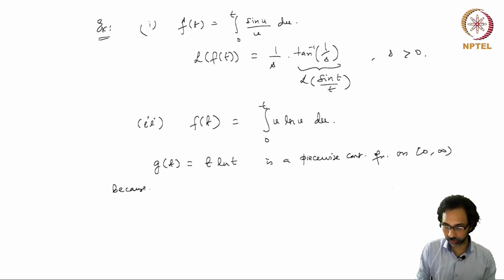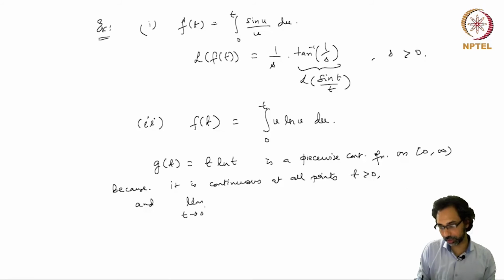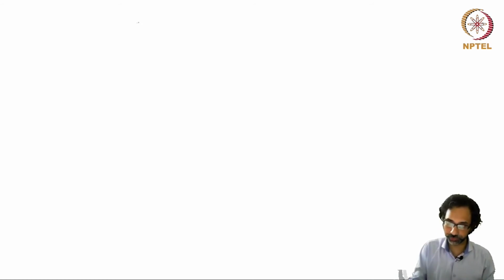Because if t is greater than 0 there is no problem, so it's continuous at all points t greater than 0, and the limit as t tends to 0 plus of g(t) is simply 0. So this is easy to show.